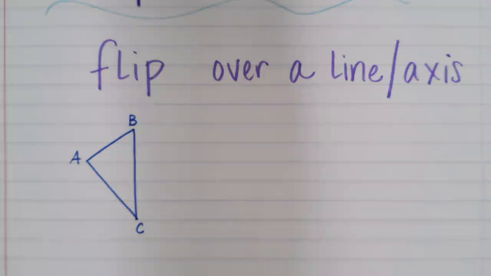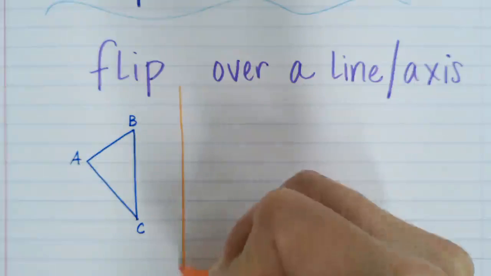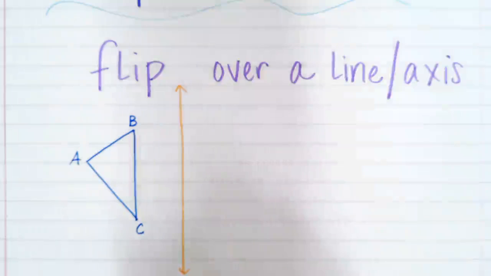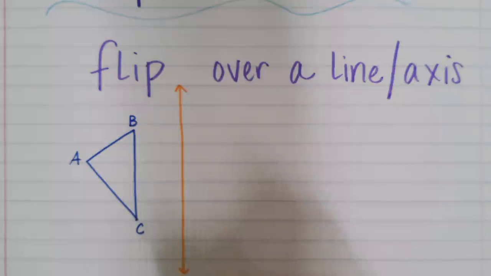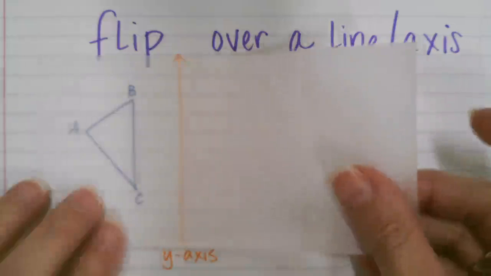All right, so for the first example, I want to do a reflection over the y-axis. If you think about what that means, the y-axis runs right here. So this is our y-axis, and I want to reflect across the y-axis. I'm going to use a piece of paper just to show this to you.